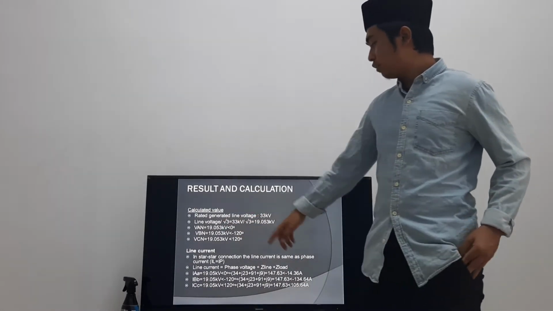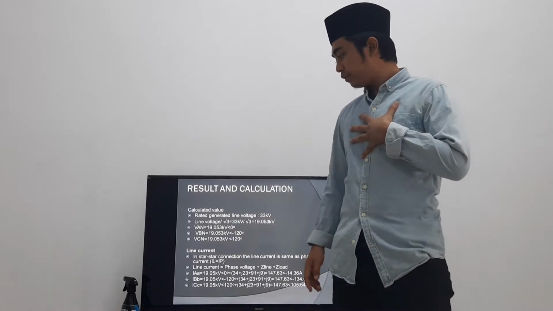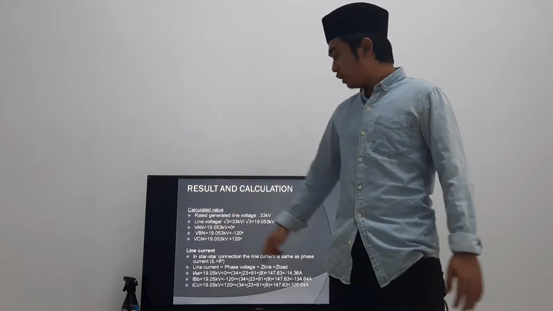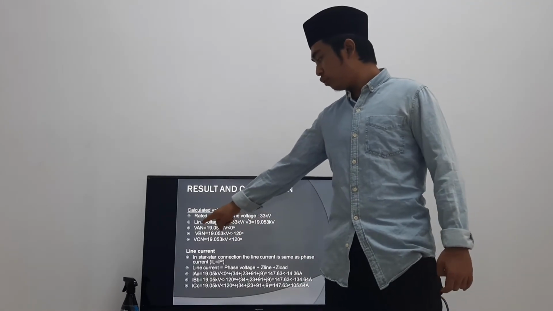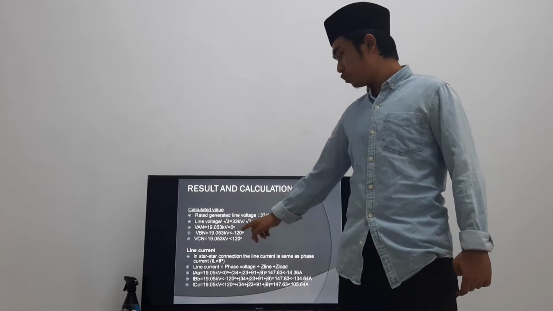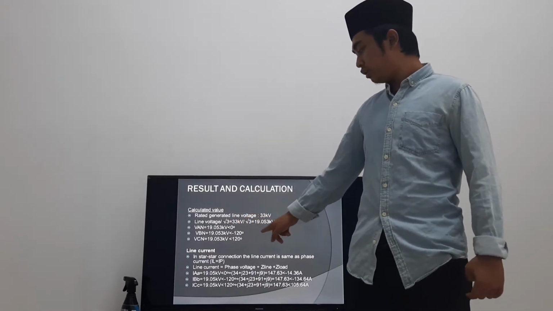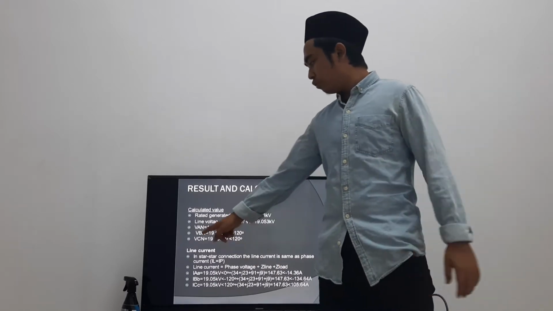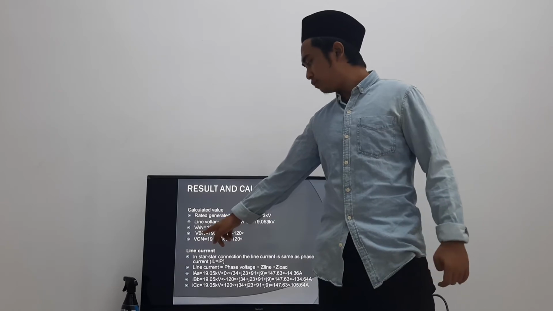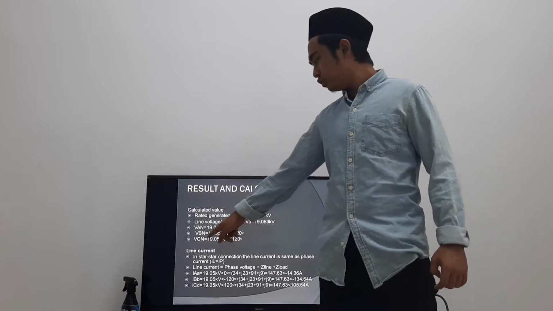Rated generator line voltage is 33 kilovolt that I get. Line voltage is divided by root 3. Phase voltage equals line voltage divided by root 3 equals 33 kilovolt divided by root 3 equals 19.053 kilovolt. So for A phase, 19.053 kilovolt, angle 0.